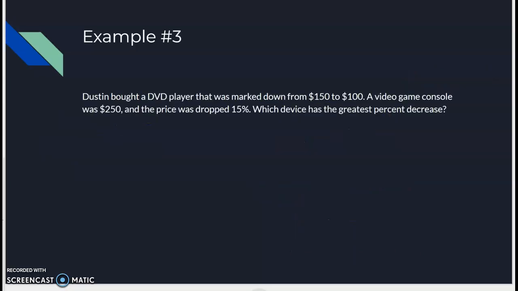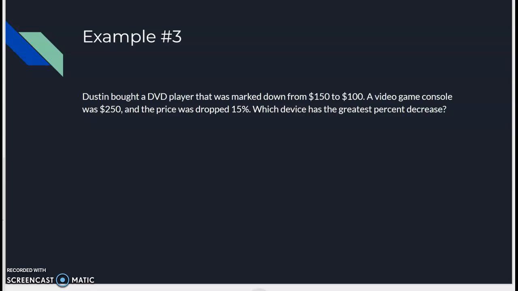All right, in example 3, this is a 2-part question. So Dustin bought a DVD player that was marked down from $150 to $100. A video game console was $250 and the price was dropped 15%. Which device has the greatest percent decrease?